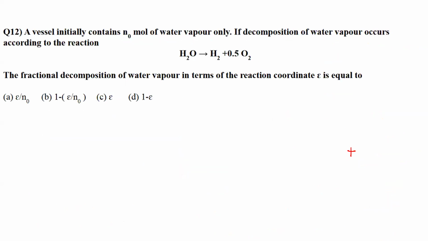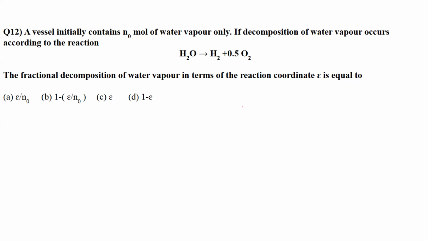Okay, coming to the next question. A vessel initially contains n naught moles of water vapor only. If the decomposition of water vapor occurs according to the reaction giving H2 plus half O2, the fractional decomposition of water vapor in terms of the reaction coordinate epsilon is equal to... So what is the fractional decomposition of the water?